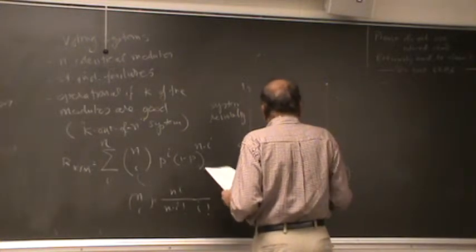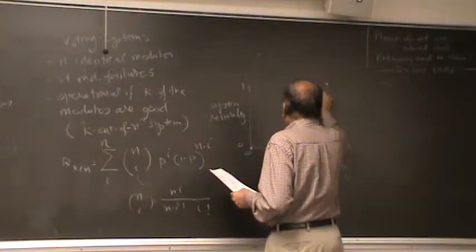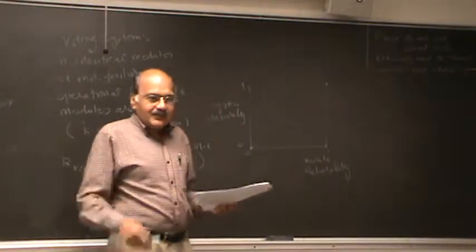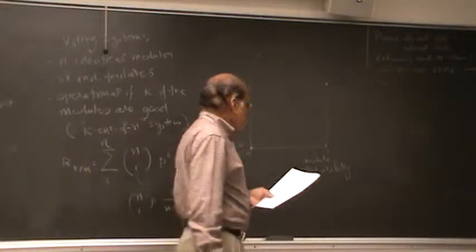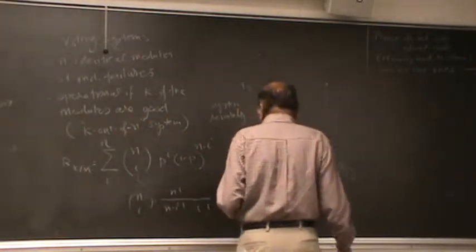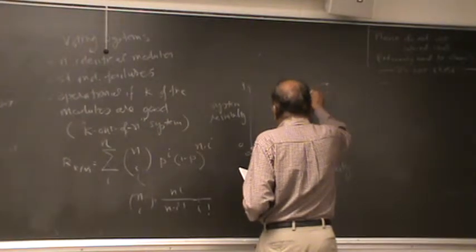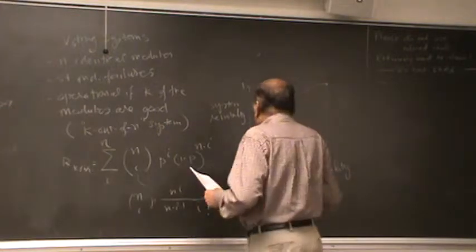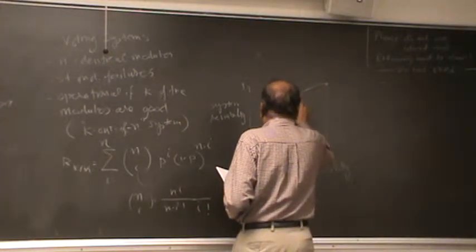And if you have a single module, your reliability is basically going to go like this, linearly, because that's all you have, right? So for a single module, this is how reliability will look. But if you have multiple modules, you will notice that your reliability is higher for a while.